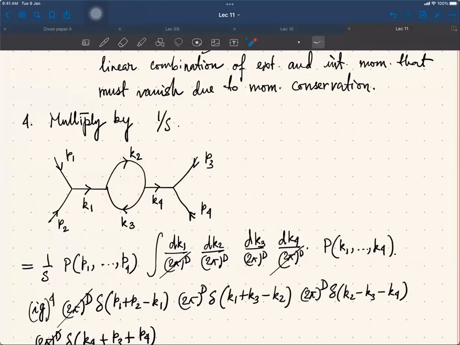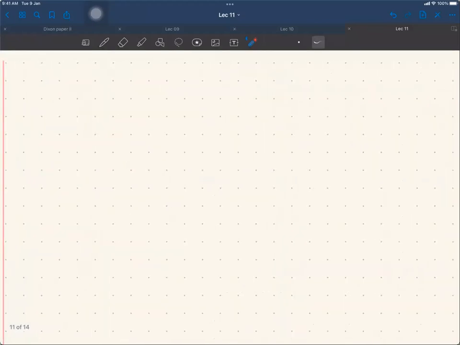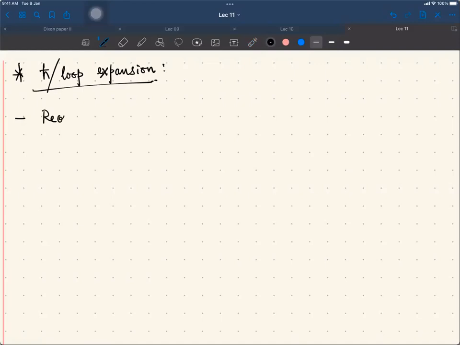Let us now go through the systematics of recovering h bar and classifying terms in terms of the power of h bar. So, h bar or loop expansion. The first step is to recover h bar for any diagram. And how does one do that?